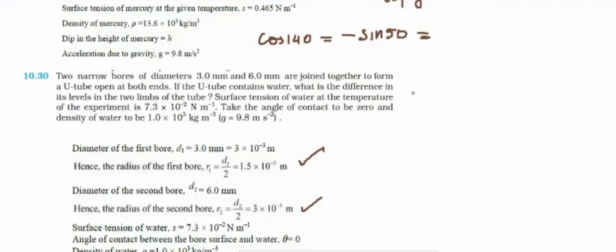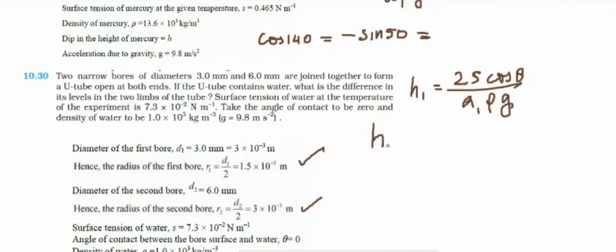So we can take it like this: in the first arm, you have h1 is equal to 2S cos theta, same liquid, same type of tube, divided by a1 rho g. And in the second tube, you have h2 is equal to 2S cos theta divided by a2 rho g.